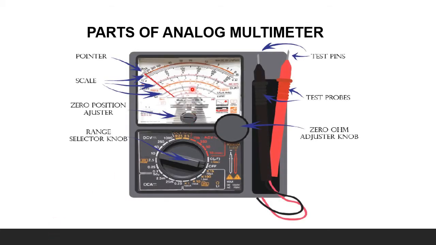So we have here the different parts of our analog multimeter: the pointer, the scales, zero position adjuster, the range selector knob, zero ohm adjuster knob, test probes, and then the test pins.